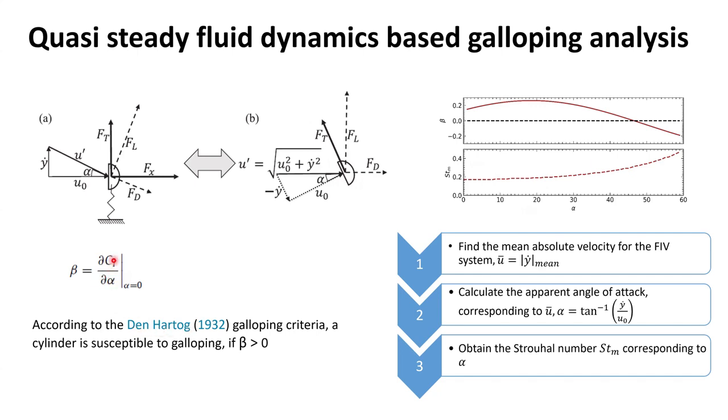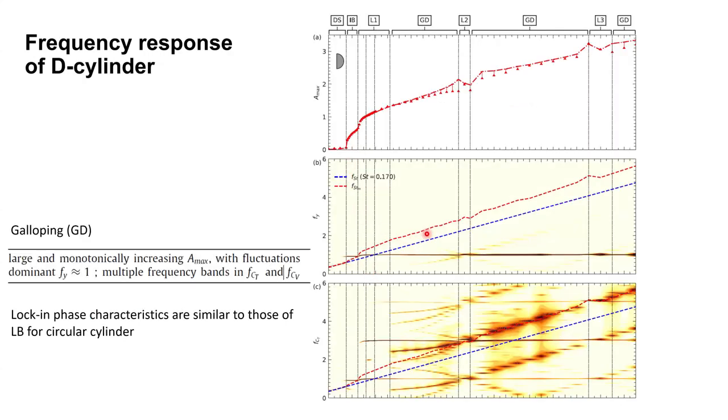If the change in the transverse force with respect to alpha is positive, then you start to have galloping, which is the characteristic of these cylinders which normally have this flat facing, like a square cylinder and this D-section cylinder. So using this data, we can figure out its modified Strouhal frequency, because of the increased apparent force, what that modified natural frequency is. And that we can plot here on this frequency.